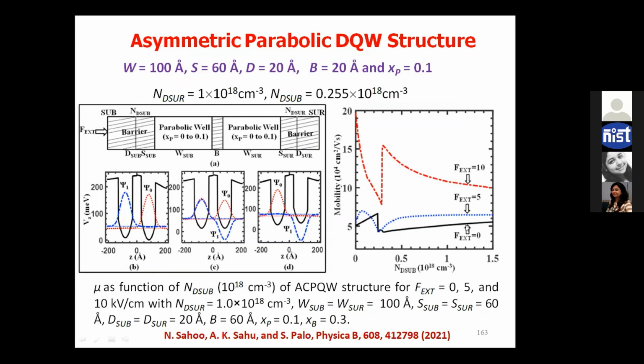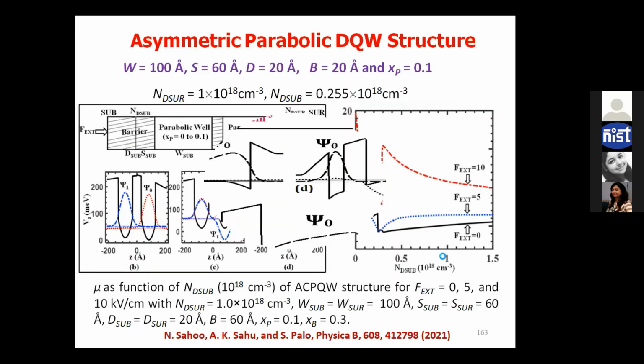That means here the field is fixed. So as the field increases, that means when we apply high field, as ND increases, there is an improvement in mobility. As including this, the nature of the mobility also changes. So this is due to the asymmetric nature of doping, and we included the field effect.